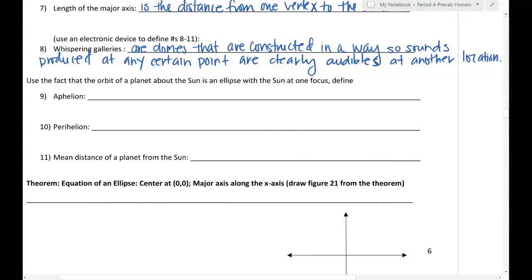And we need to know this fact because this will be used in our application later.